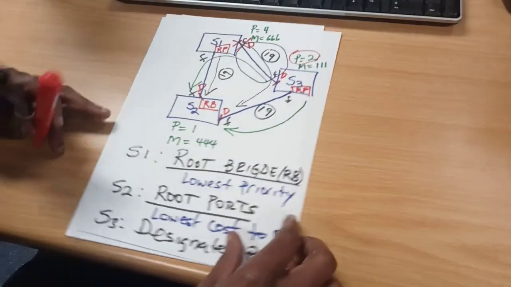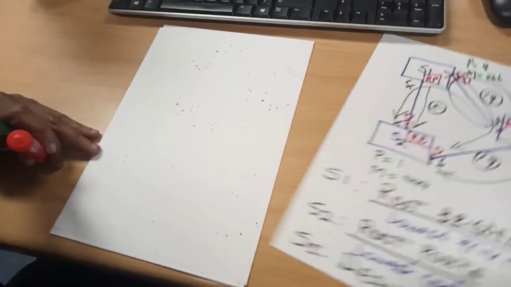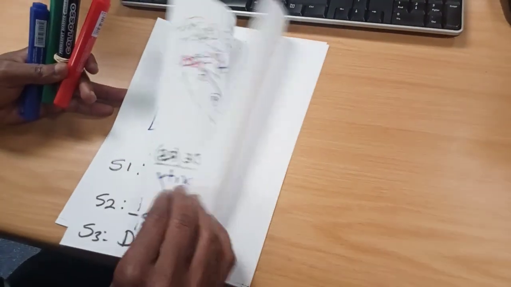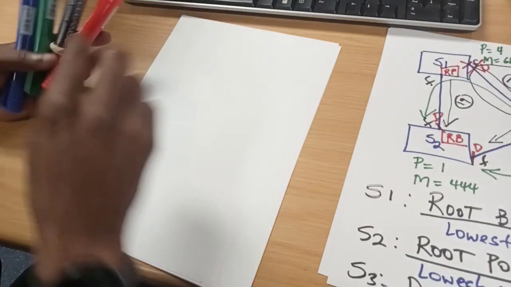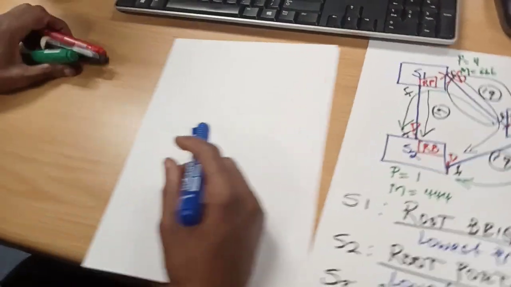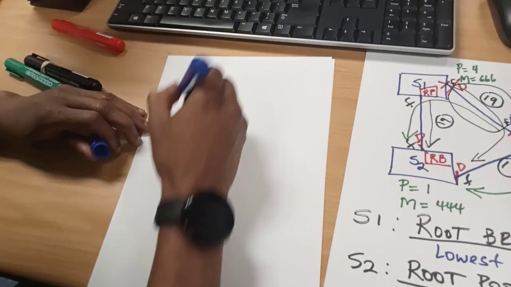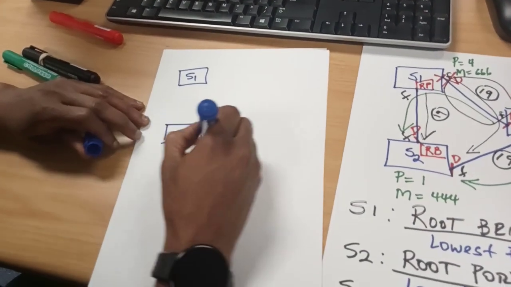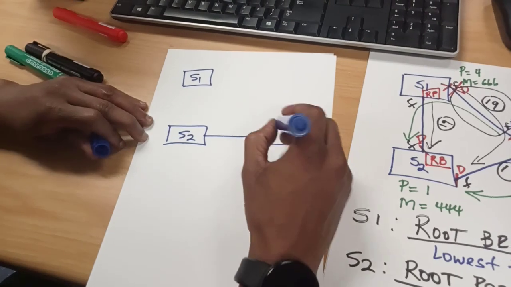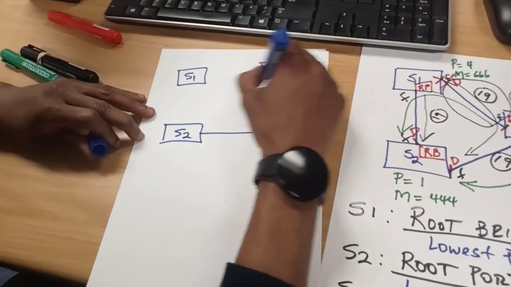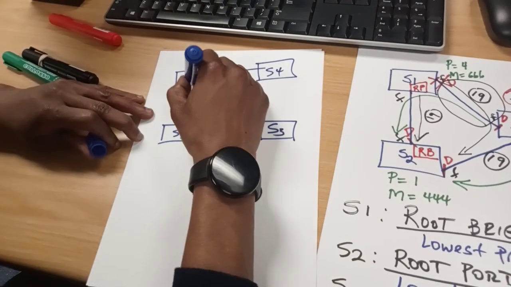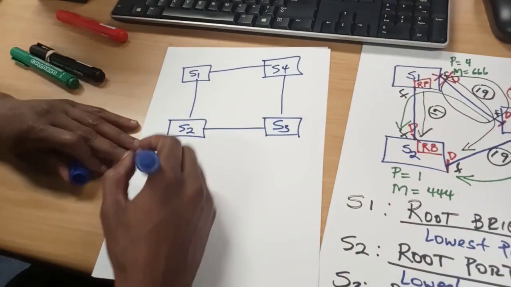Now we're going to move to an exercise where we're going to have 4 switches, right? So I can make it like this. Switch 1, switch 2, switch 3, and switch 4.